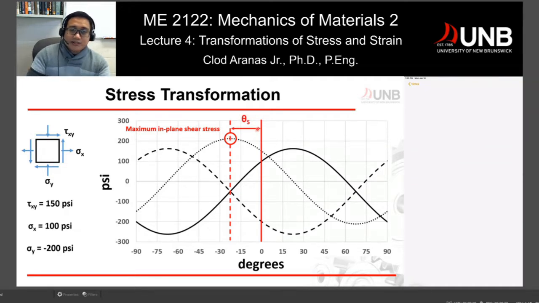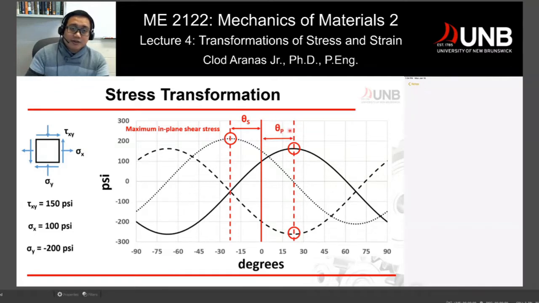We could also look for theta sub s, which is the rotation this element needs in order for us to calculate the maximum shear. In this particular case, it's a rotation in a clockwise direction, because it's negative, at about 25 or probably 26 degrees. If we talk about principal stresses, we are talking about maximum normal stresses, the maximum and minimum values of sigma x and sigma y, which we call principal stresses.